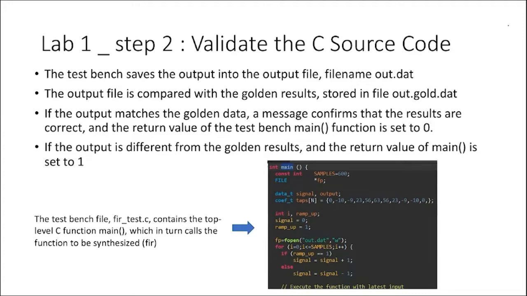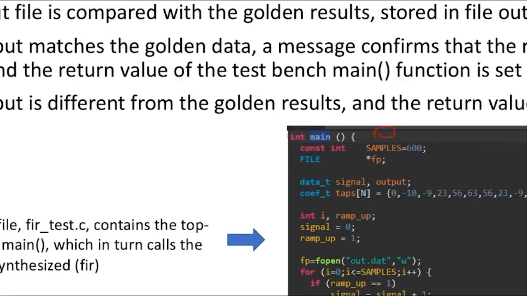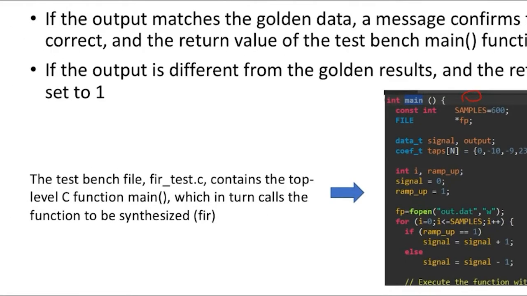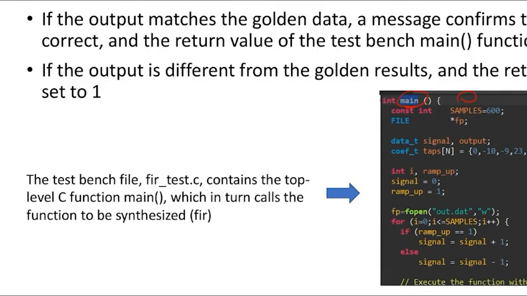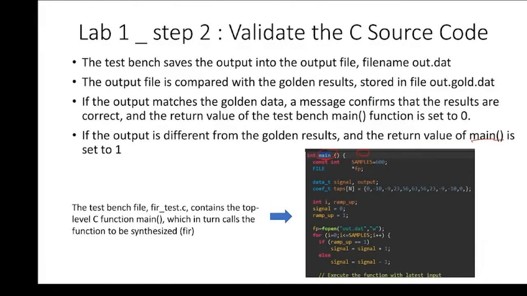If the output is different from the golden result, the return value of the main function will be set to 1. And the test bench file has the top-level C function main, which in turn calls the function to be synthesized.